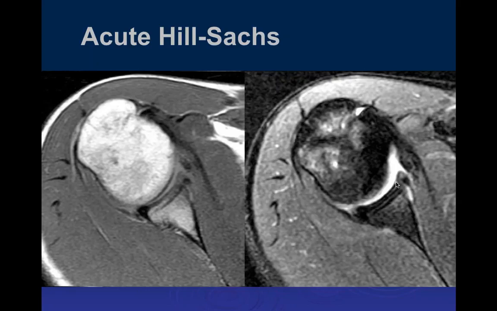Now, typically when you shear off the labrum, you'll tear the labrum and you'll tear its periosteal attachment. But you can tear the labrum and the periosteal attachment can stay intact, in which case this is called a Perthes lesion. Now, this is kind of more of a fine point for the interpreting radiologist.